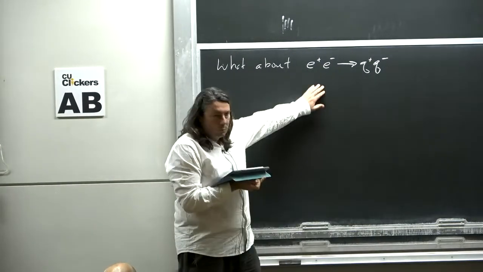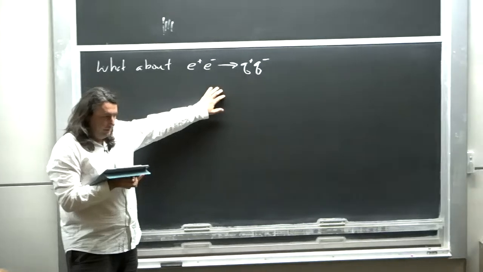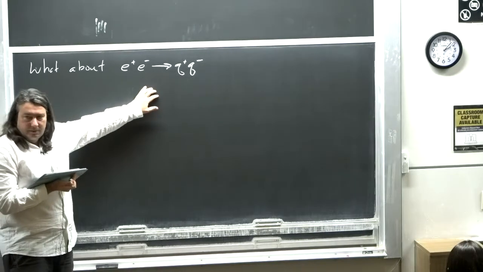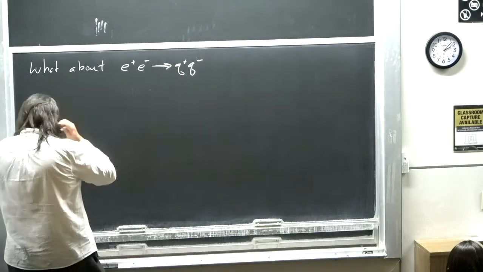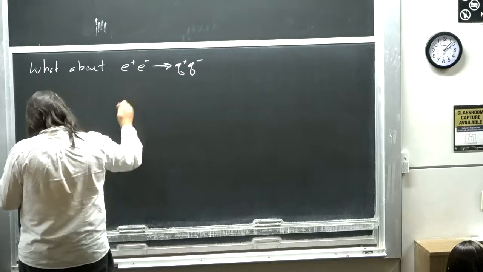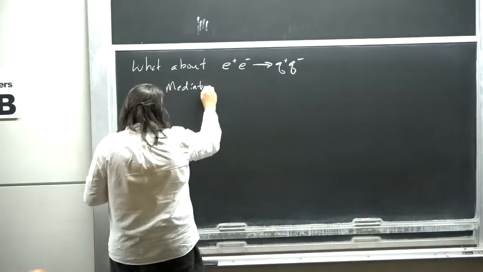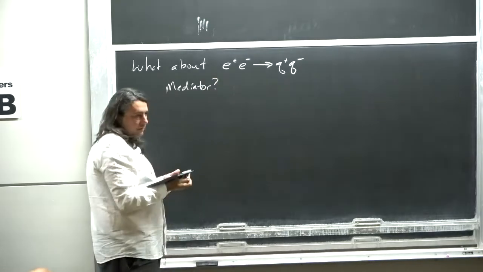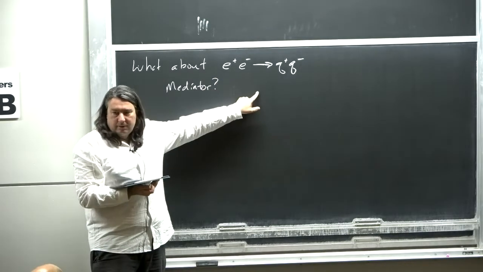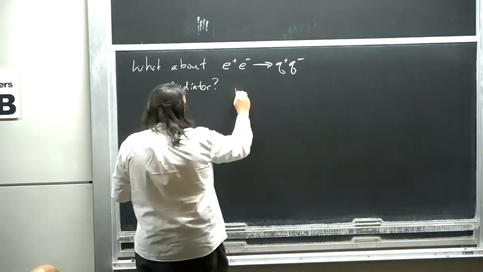This is a 4-point amplitude. What's the mediator for this process? It's going to be a photon.